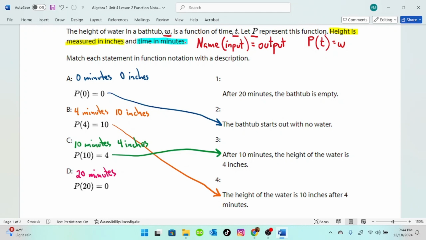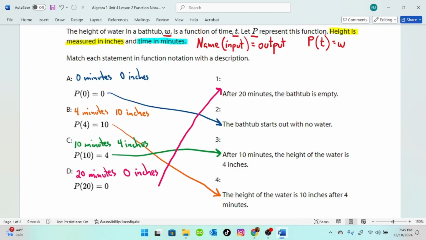The output is W, and W is the height of the water measured in inches. So that's 0 inches. Number 1 is the only choice left, and it says after 20 minutes, the bathtub is empty. That does match, so D matches number 1.